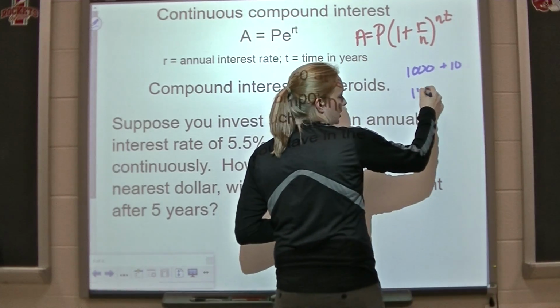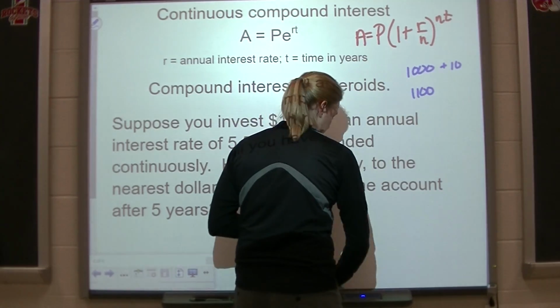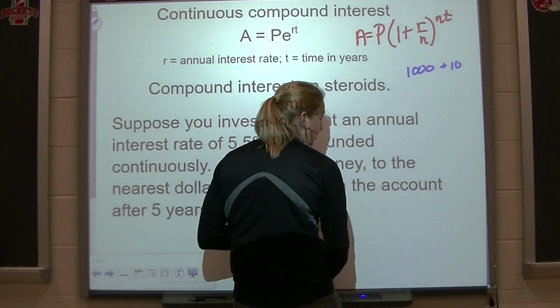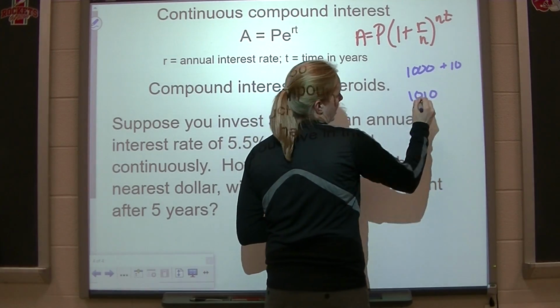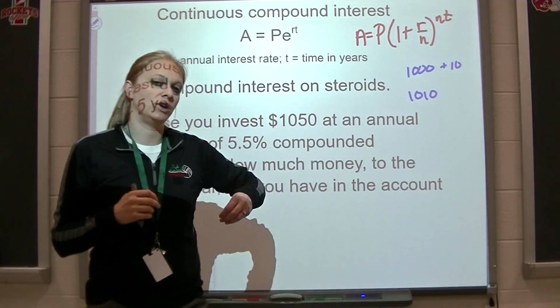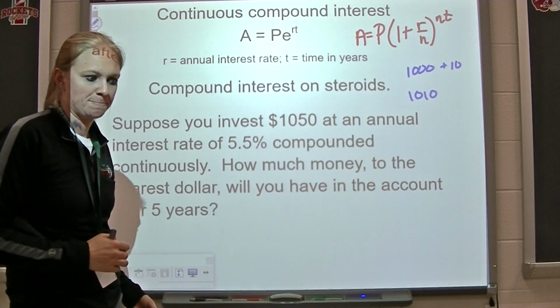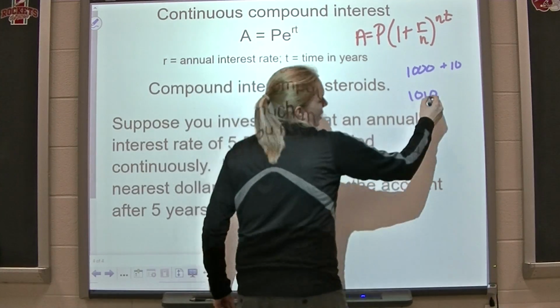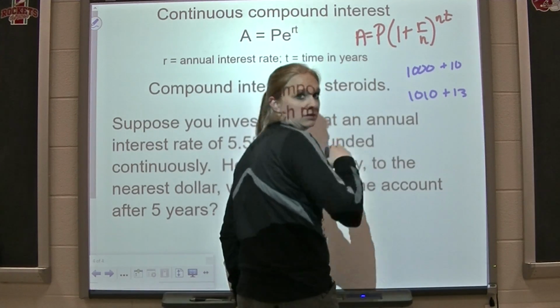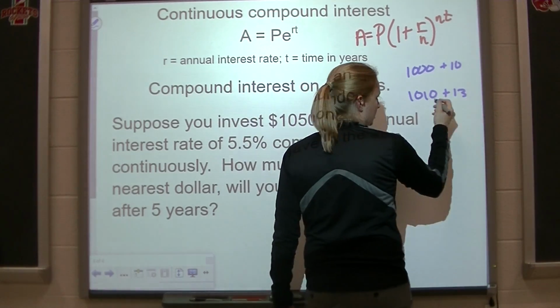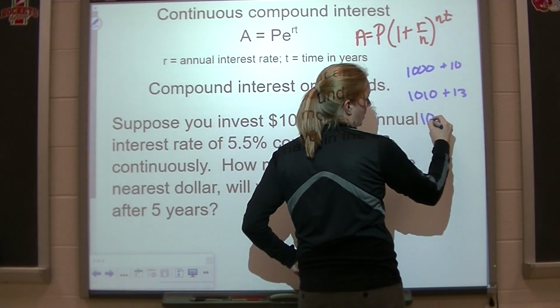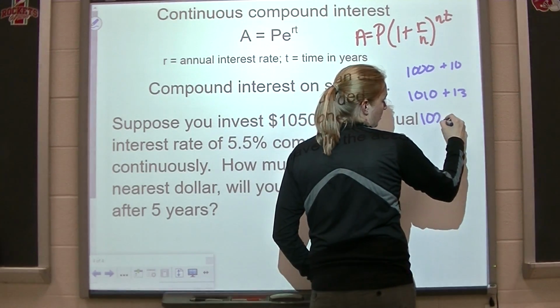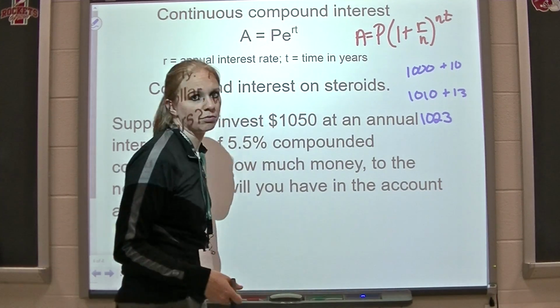Then the second year, I am now calculating interest on $1,010. And let's say I get $13 of interest that way. So now the third year, I'm going to gain interest on $1,023.